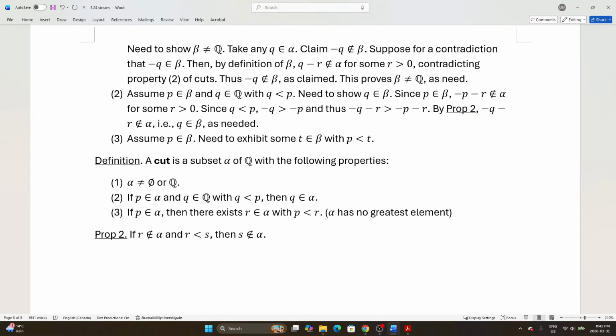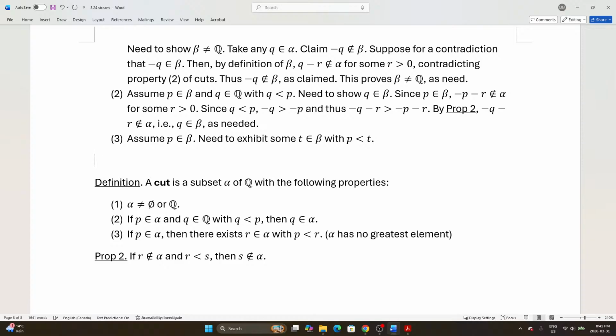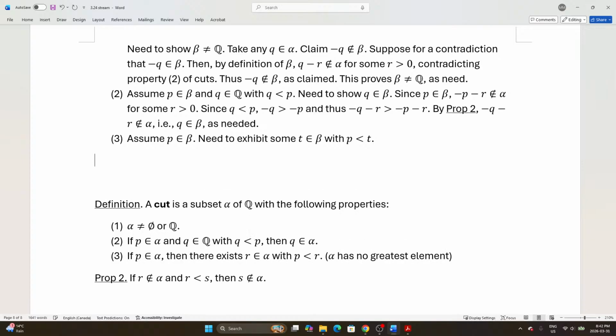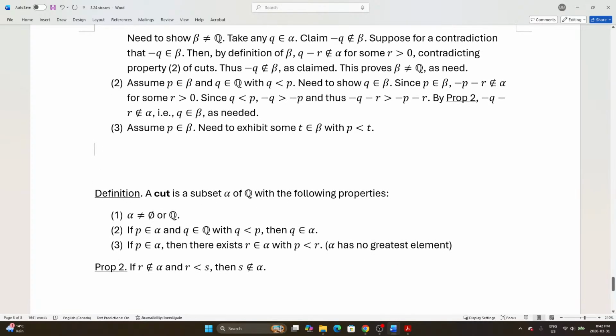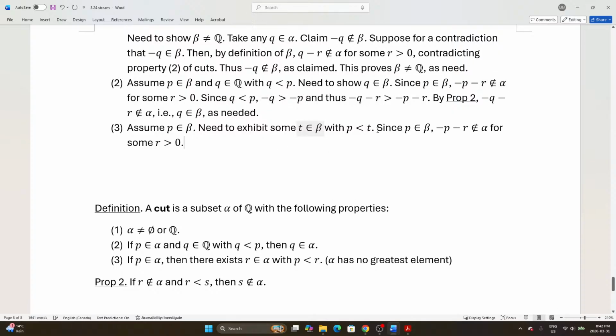Okay, so assume p is in beta. We have p minus r not in alpha for some r positive.